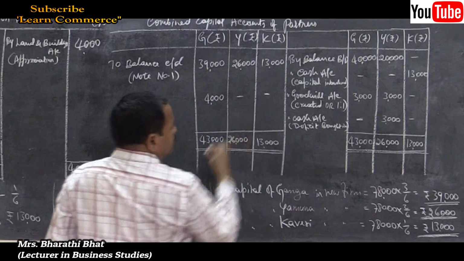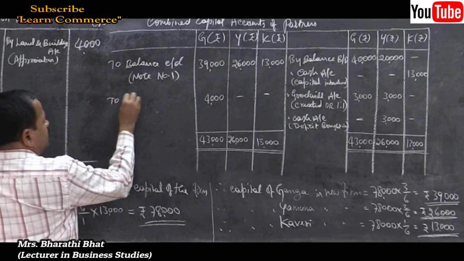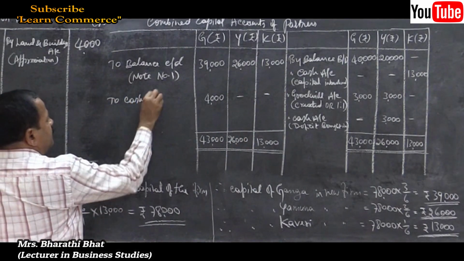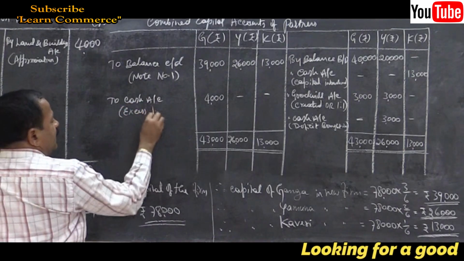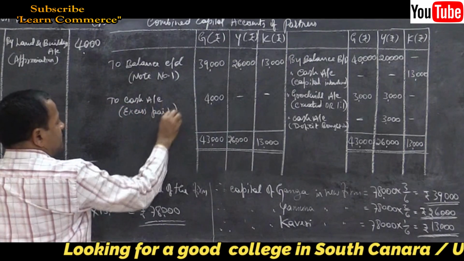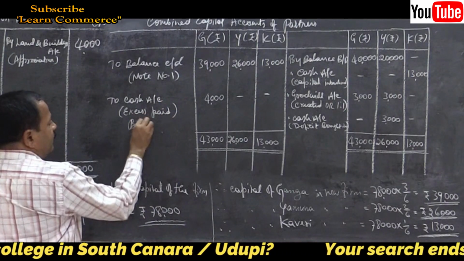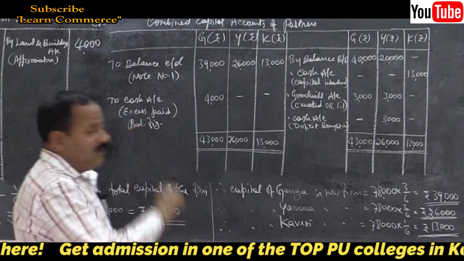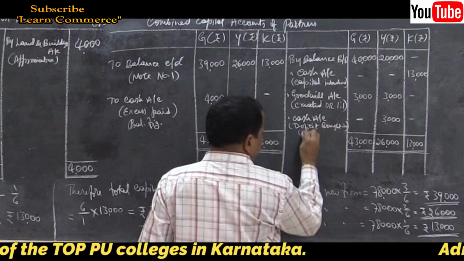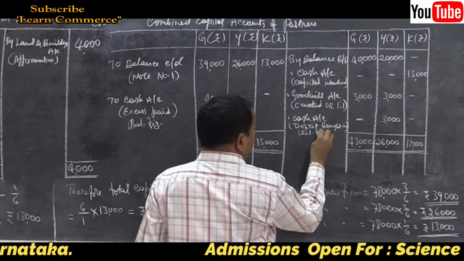So write there: to cash account, excess amount paid. This is the balancing figure, remember, friends. This is the balancing figure and not your to balance carried down. Here also write balancing figure.